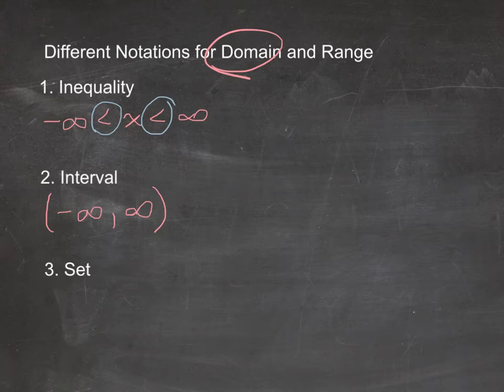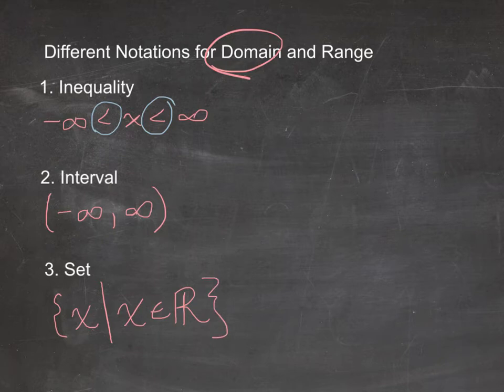And in set notation, I use my curly brackets and say my domain is all my x's such that x is in the set of real numbers, because it can be anything. So these are 3 different ways to write domain and range, and of course this was just the domain that I rewrote here. The one that I actually like the best is interval notation.